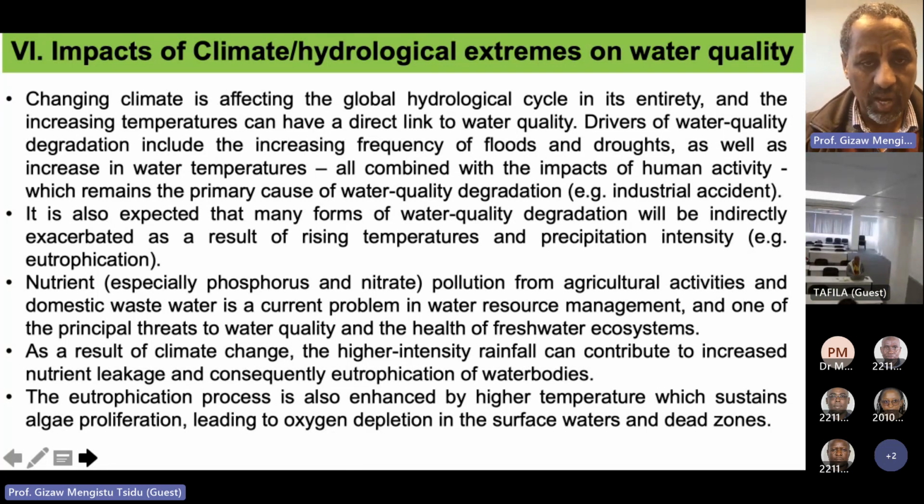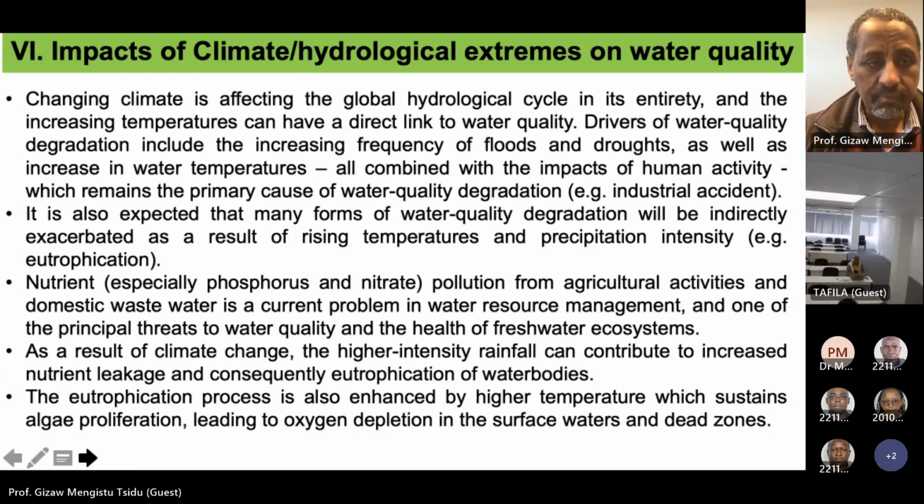on water quality. Here, as you know, I'm making the same general statement: climate change is affecting the global hydrological cycle in its totality. And increasing temperature can have impact on the water quality.